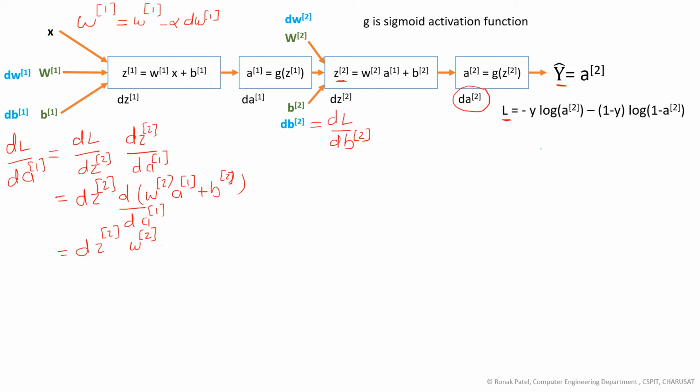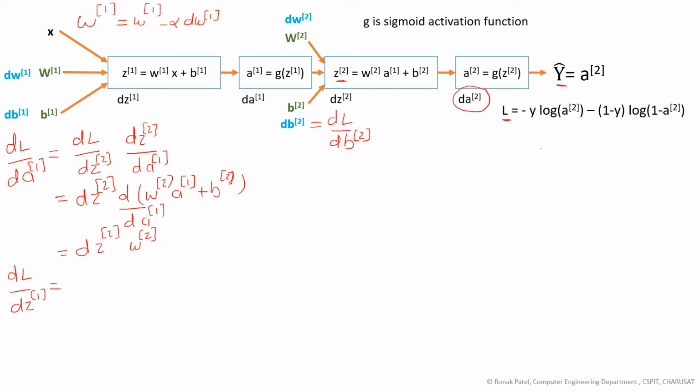Now on this, how do you calculate a1? That is the activation on this z1. So let's see, we'll calculate dl upon dz1, right?